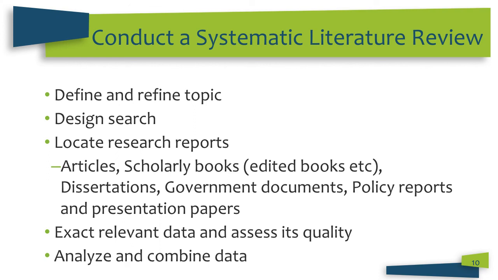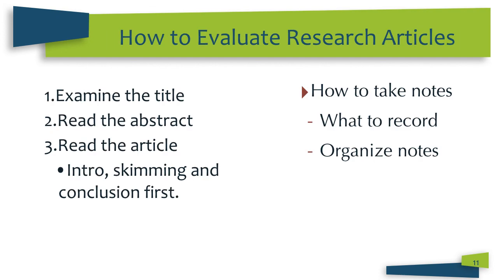All right, so once you have identified a particular research article, how would you evaluate it? How would you read it? The first thing you should do is look at the title and see if that relates to your research question. If it does, then read the abstract.